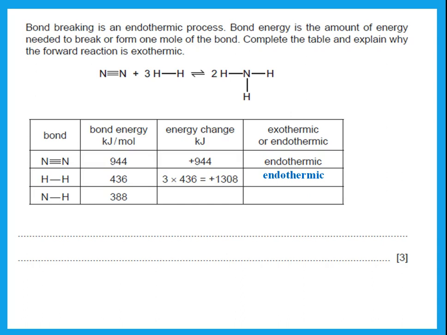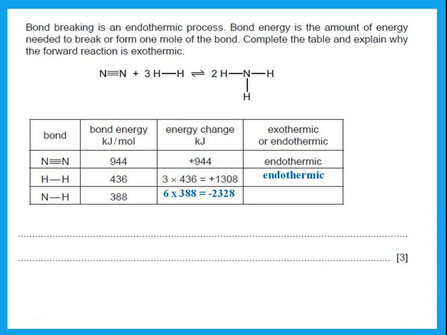Now the NH bonds are bonds that are being formed. How many NH bonds are we forming? He's saying I have 2 NH3s, and each NH3 has 3 NH bonds, times 2, that's 6 times the number that he gives you.